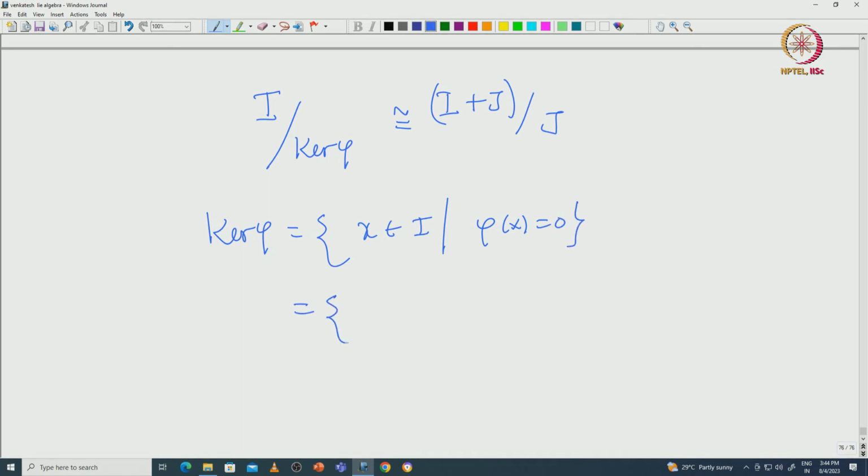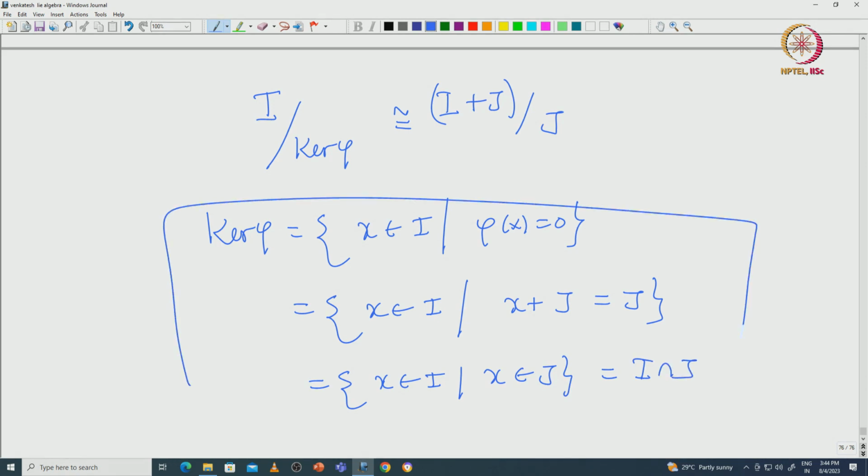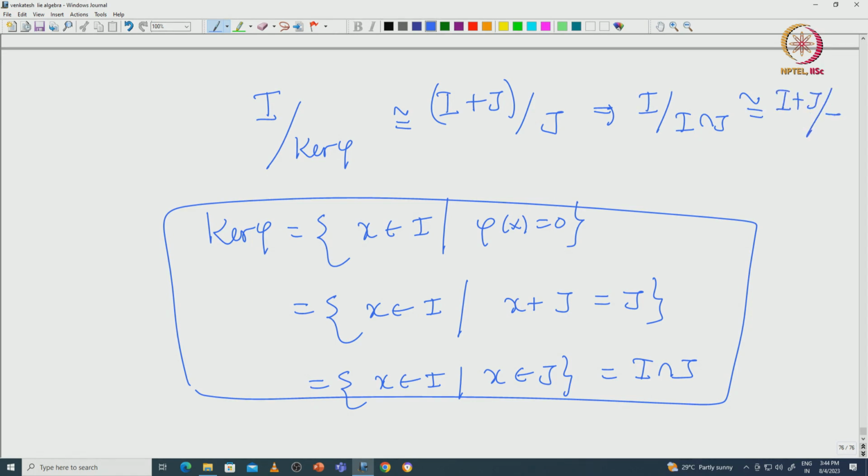Phi of x is x plus J, which is 0 means that x should be in J. So, that is just those x in I such that x is in J. That is nothing but I intersection J. So, by computing very explicitly the kernel, we see that I modulo I intersection J is isomorphic to I plus J modulo J. So, this is somewhat immediate from the first isomorphism theorem.